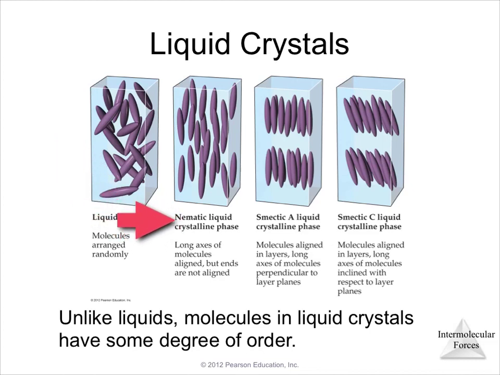But then we get our nematic, smectic A, and smectic C, so there's some ordering, some type of structure in these three liquid crystals. That's why we can say they exhibit some properties of a solid, because there is some ordering to them, but their intermolecular attractions are not as strong as a solid. So we can still say they possess some traits of the liquid sense as well.